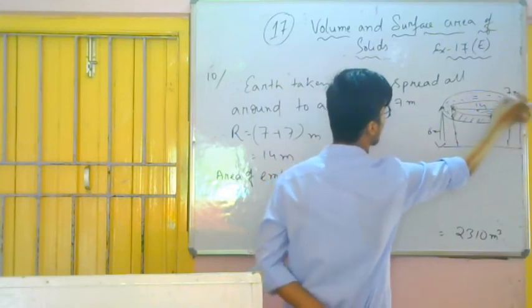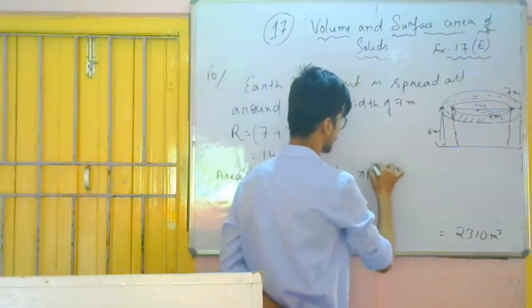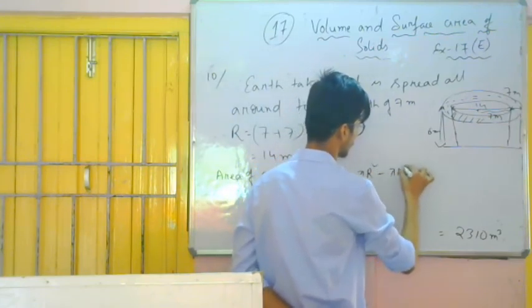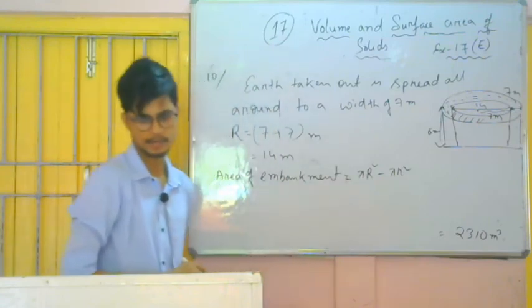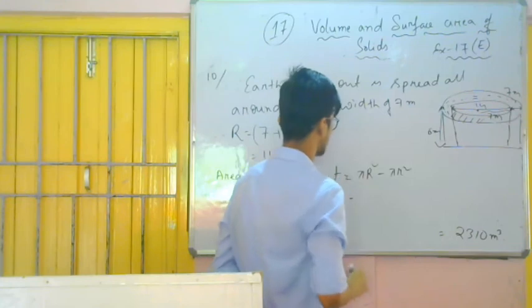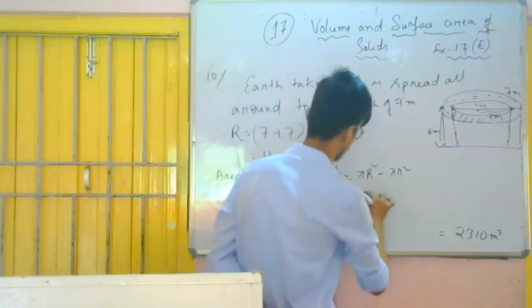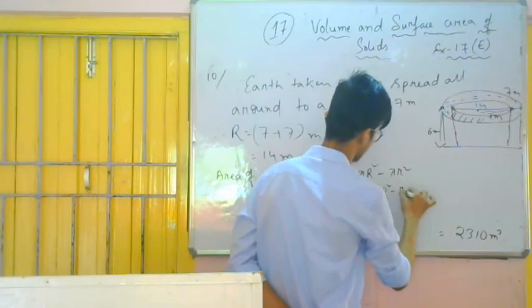It will be pi R square minus pi r square. Area of a circle is pi r square. So pi R square minus pi r square. Okay, you take the common, pi into R square minus r square.